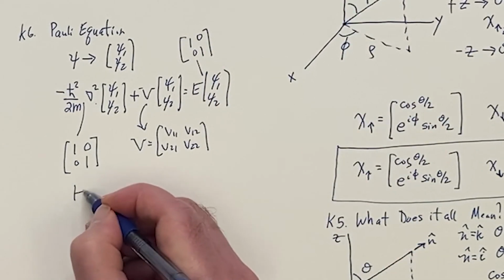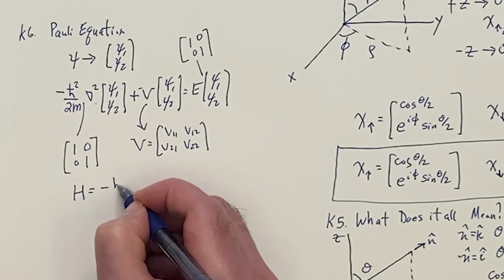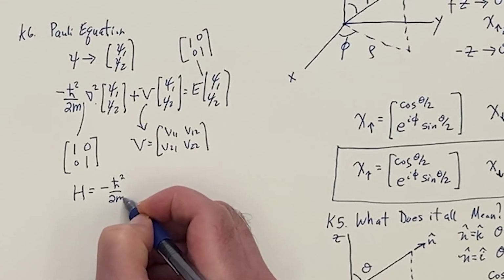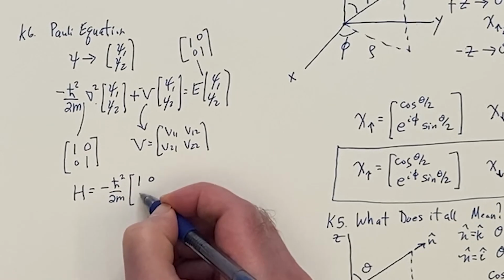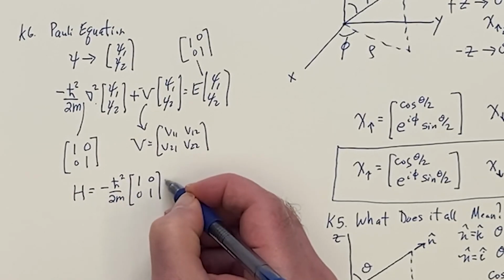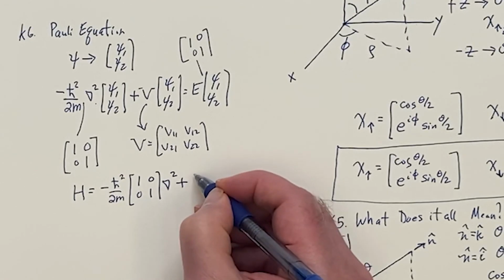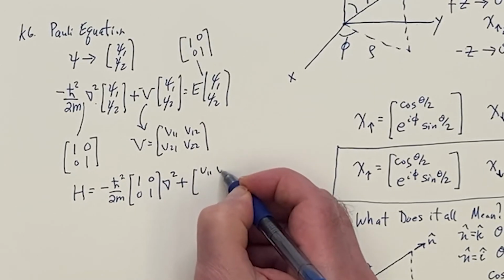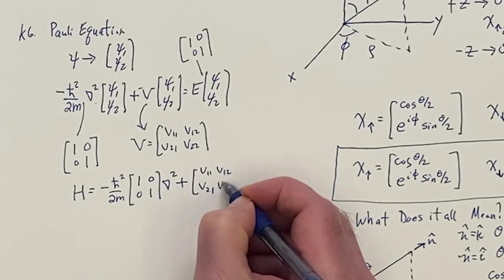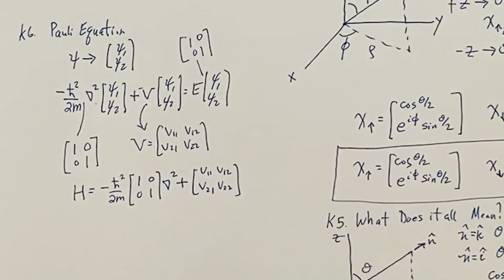The Hamiltonian in this case is minus h bar squared over 2m times the identity matrix times the derivative piece, and then the potential energy would be the matrix. And that's putting in spin by hand.